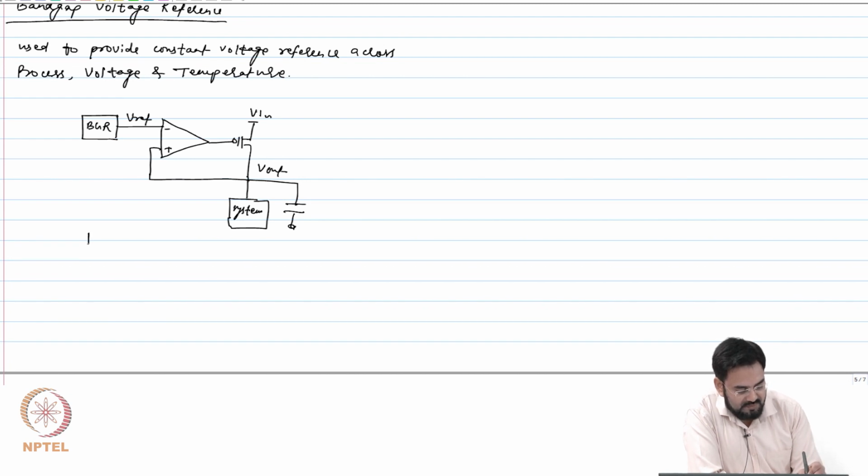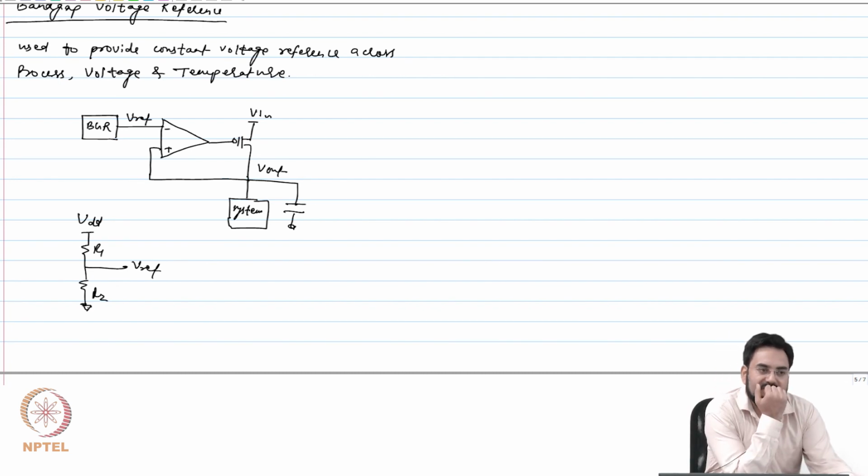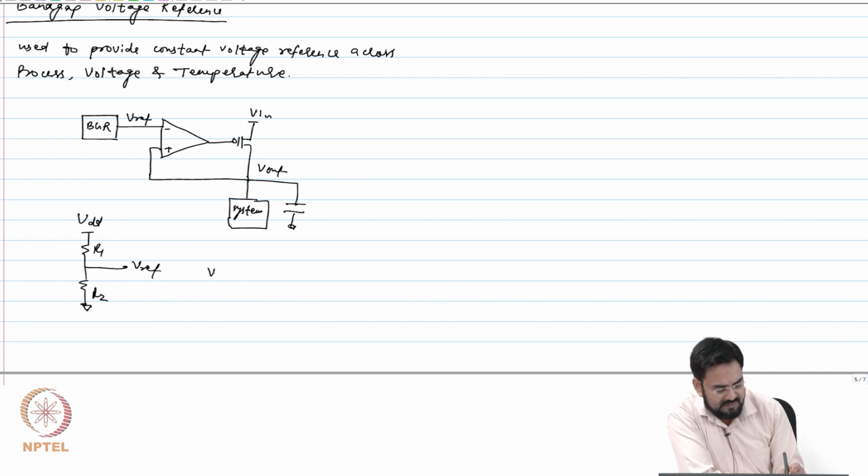So why do I not do this? If I have some VDD, R1, R2 and just use this as Vref. What is the problem with this? Why temperature dependent? But what is the Vref expression? Can you tell me?